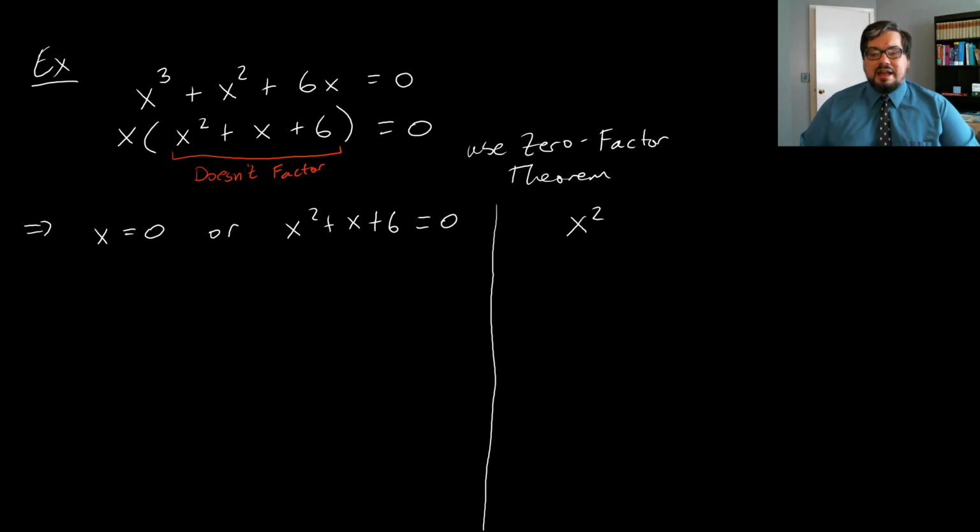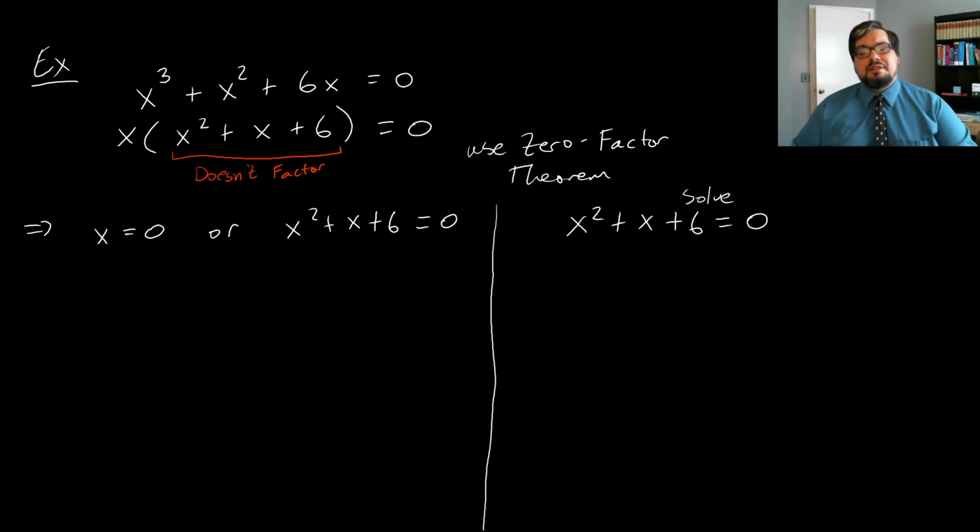Let's handle x squared plus x plus 6 equals 0 by itself. For a second, let's ignore where it came from. We just want to find the solutions to this equation. We can ignore everything that came before, take this one little chunk and treat it as if it was its own little problem, and say we want to solve it.